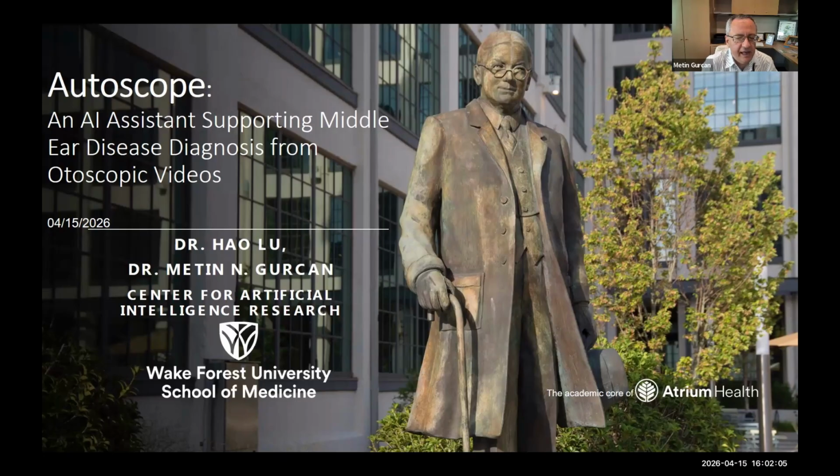He will present an AI-assisted diagnostic system that analyzes otoscopic video to support detection and classification of middle ear pathologies using deep learning. He will discuss recent advances in multimodal AI integration and clinical validation, and will examine the broader challenges of translating AI technologies into real-world healthcare workflows.